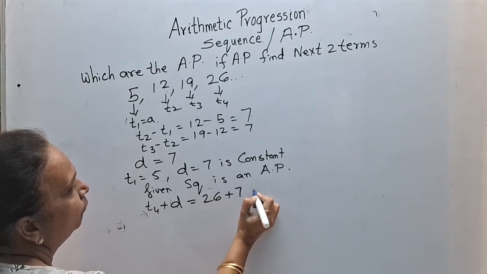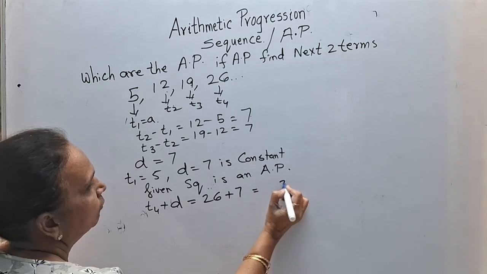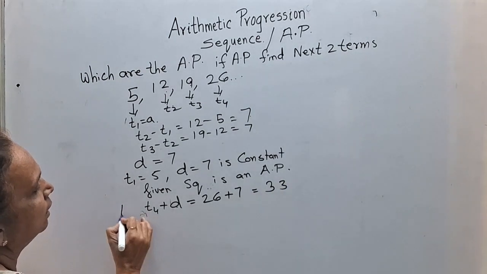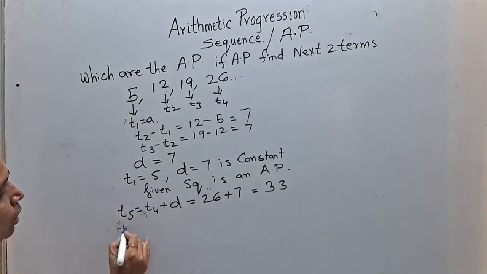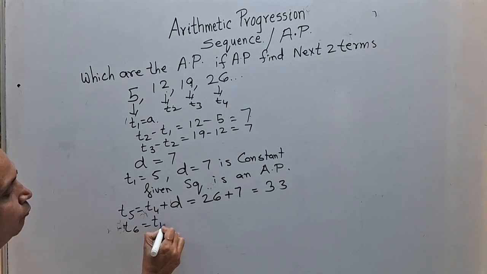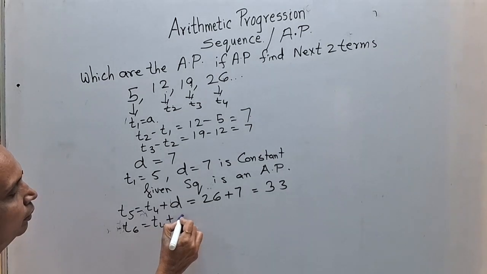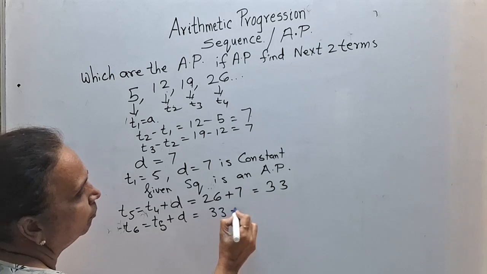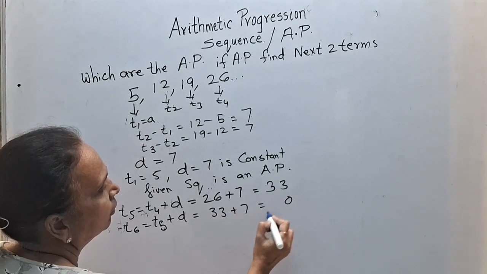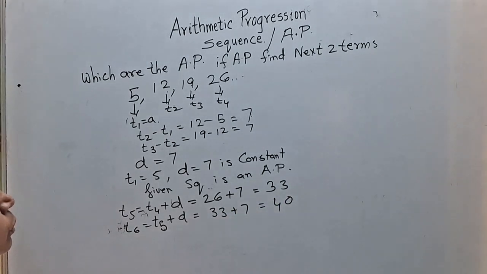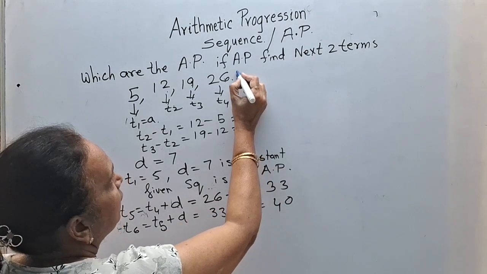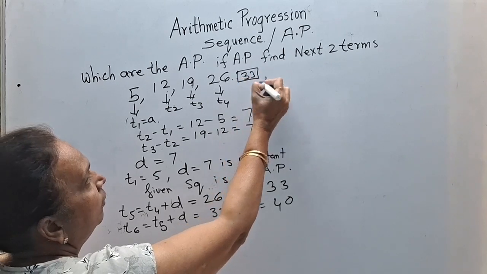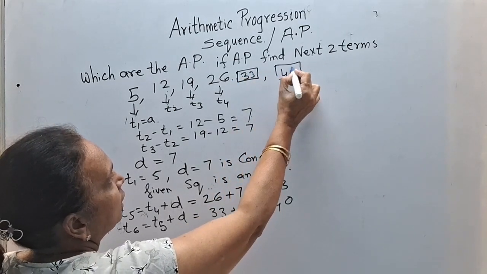D is 7, and that is 6 plus 6, 12 and 1, 13, carry 1, 33. 33 is your T5. T6 is not T4, T5 plus D, that is 33 plus 7, that is 40. So the next two terms that we are taking is 33, and the next one will be 40.